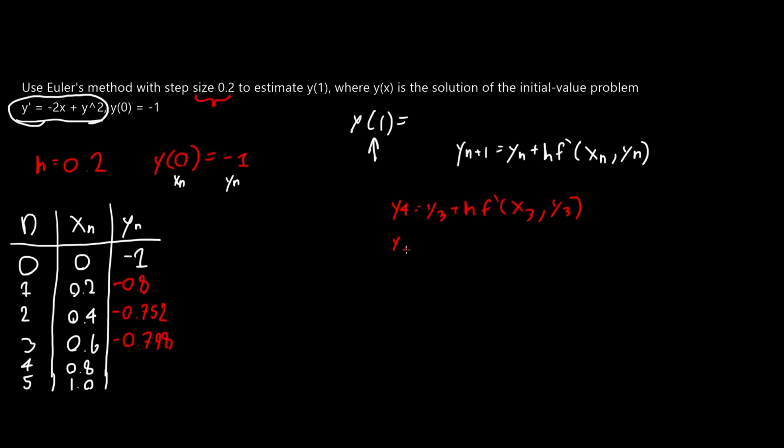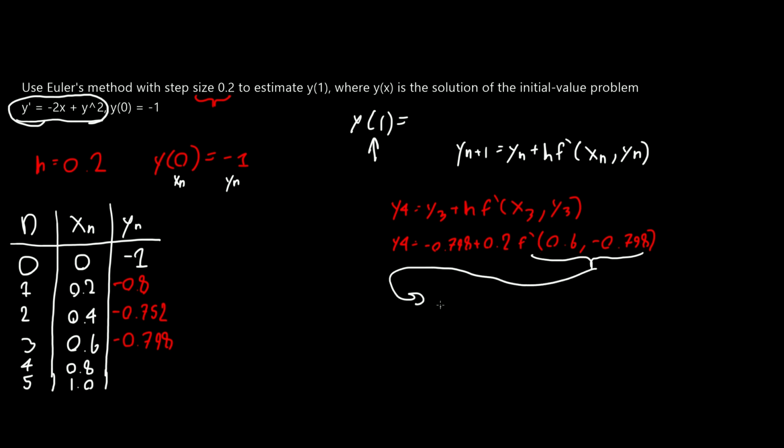So now y sub 4 is going to equal y sub 3, which is negative 0.798, plus 0.2, or step size, multiplied by f prime of x sub 3, which is 0.6, and then y sub 3, which is negative 0.798. And then once again, let's solve for f prime right over here.